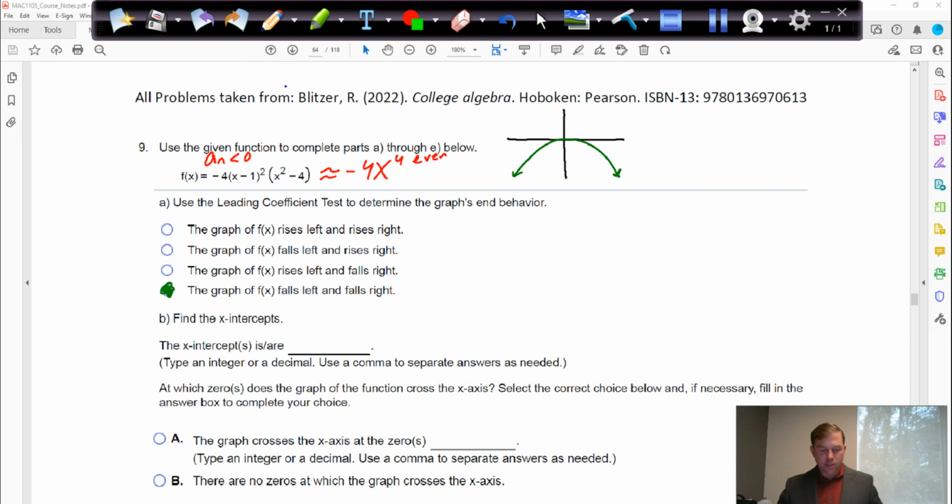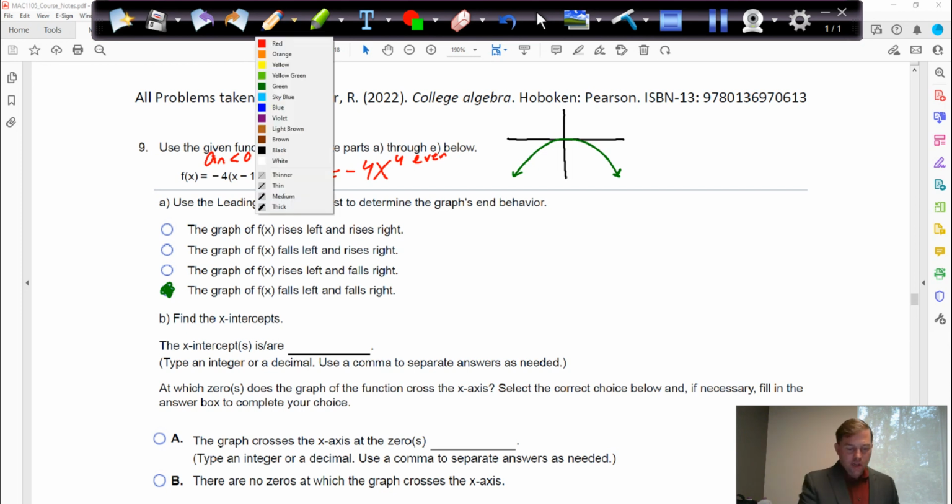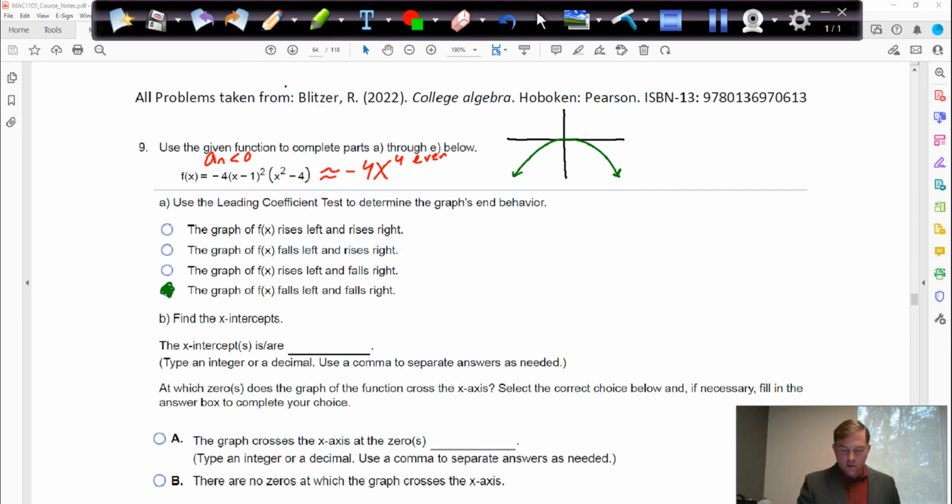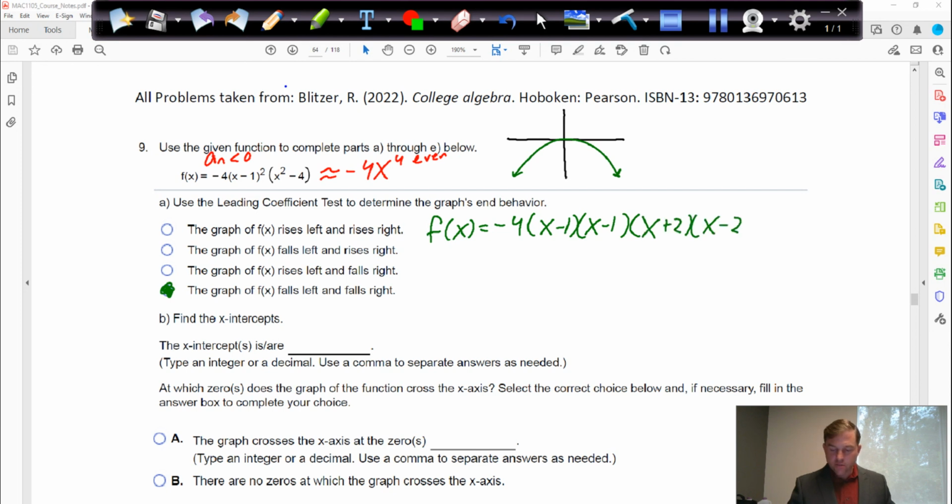Now it says find those x-intercepts. Well, to find these, we need to factor this. So we're going to have f of x equals that minus 4. I'm going to write this as x minus 1, x minus 1. So if I have x minus 1 squared, that means I have 2 of those bubbles. Then I'm going to use that same trick we used before. If I have x squared minus 4, which is 2 squared, that will factor to x plus 2, x minus 2.